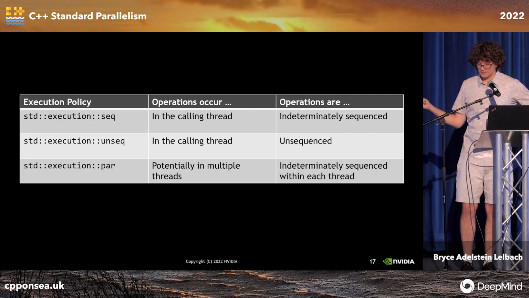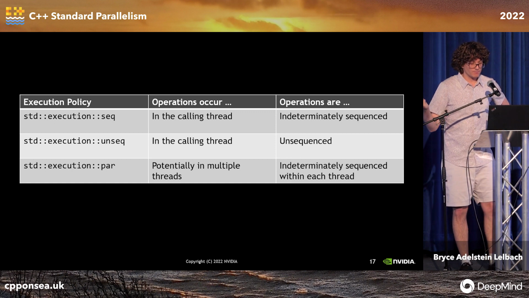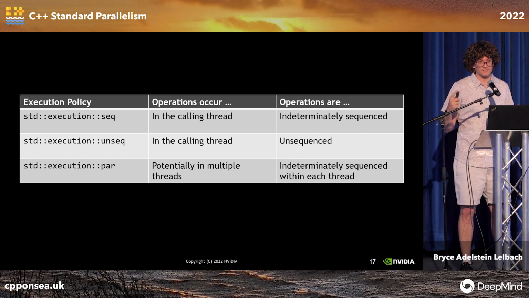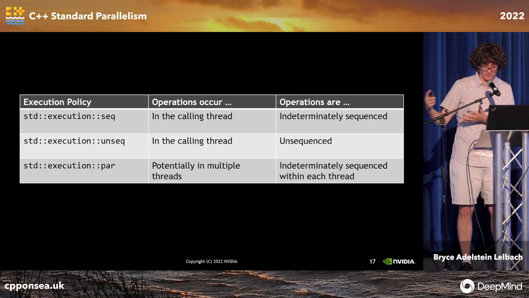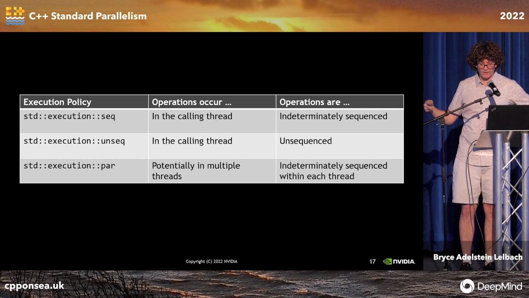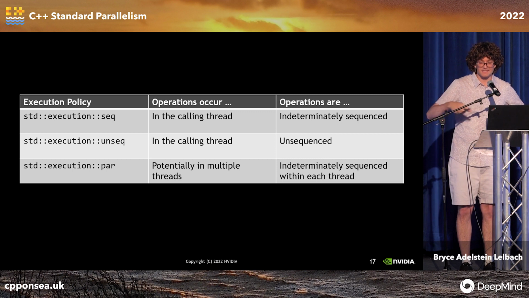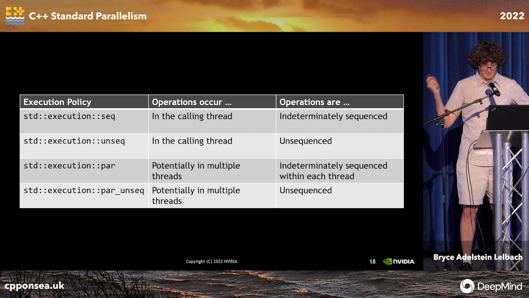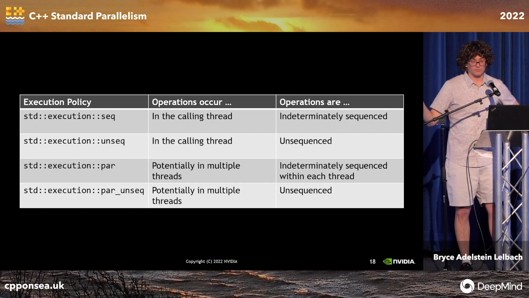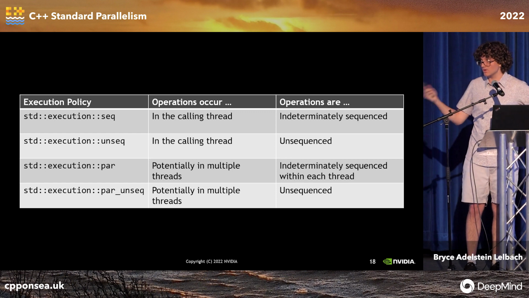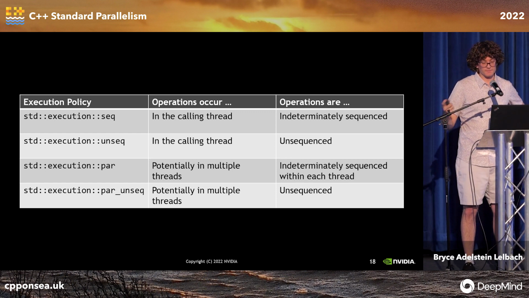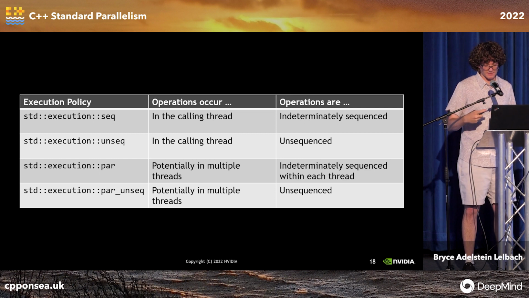Then there's par, which allows implementations to parallelize operations at its discretion. It doesn't require parallelism, it just says you can parallelize this if you want to. But it also requires that all the operations within each thread are indeterminately sequenced, which means that vectorization is not allowed. And then we have par_unseq, which allows operations to occur in multiple threads and to be unsequenced with respect to each other, which means that both thread and vector parallelism is permitted.